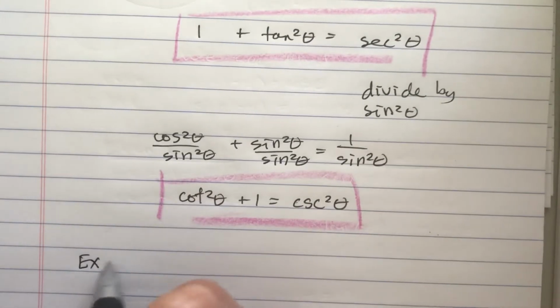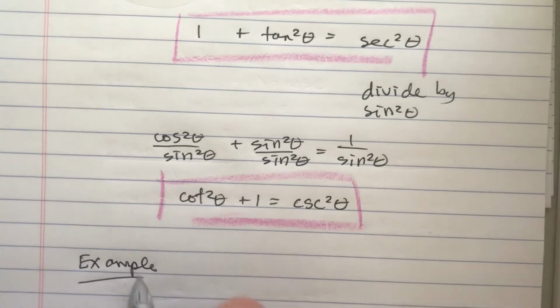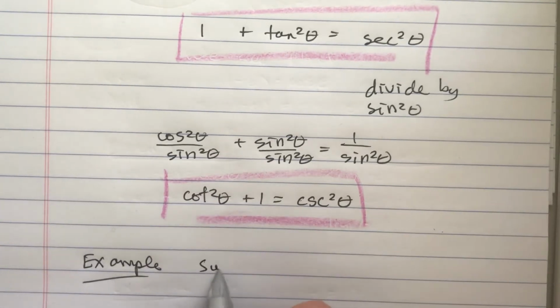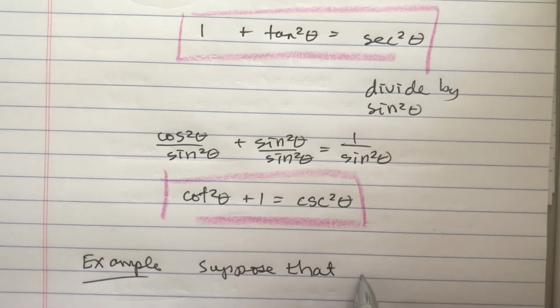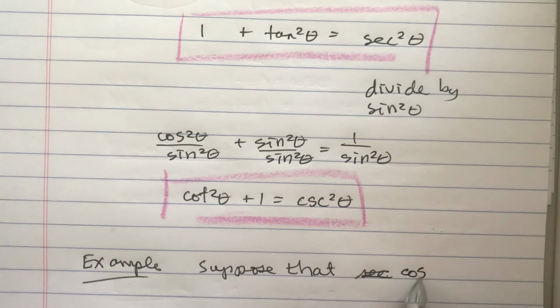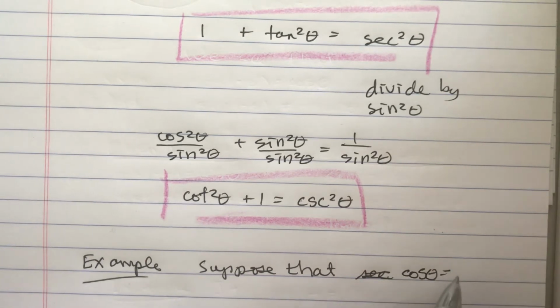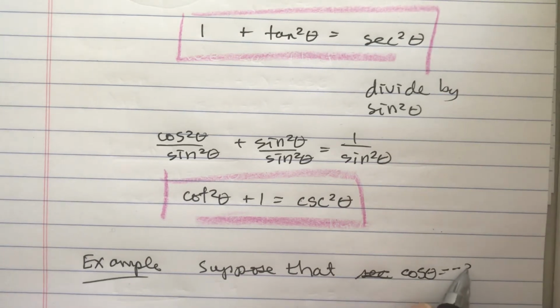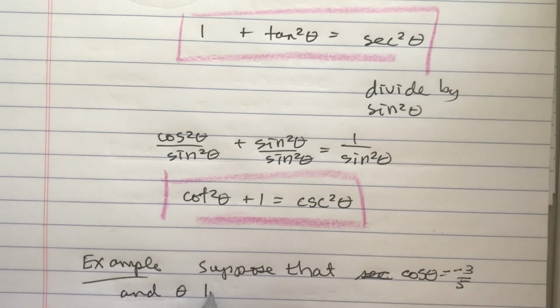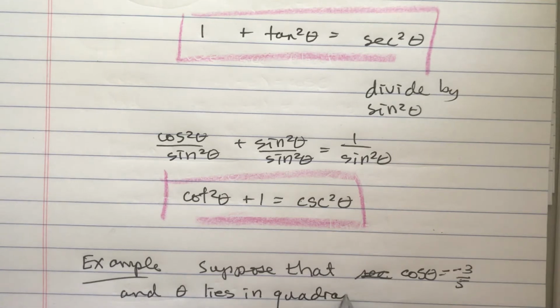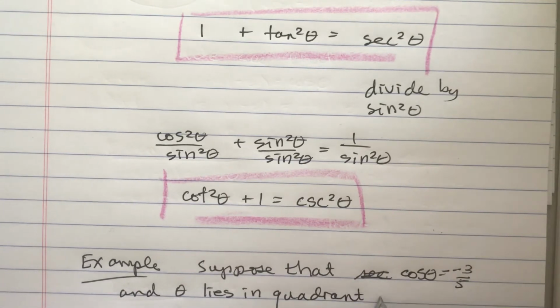So for example, let's do it this way. Suppose that cosine theta is equal to negative 3/5 and theta lies in quadrant 2.